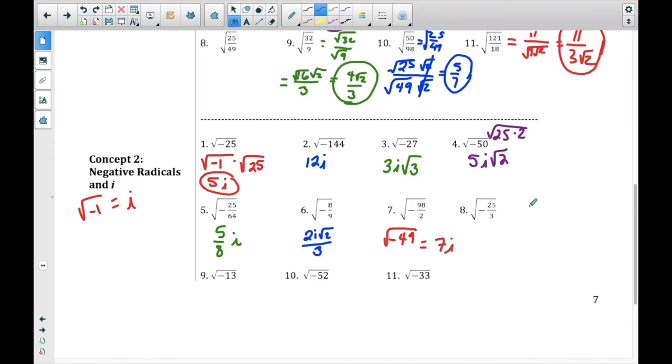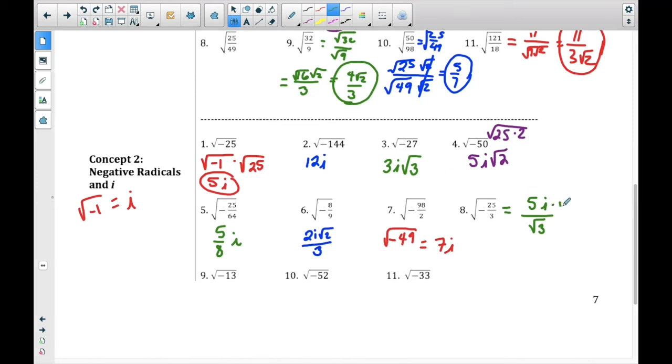Number 8, though, we are going to have to rationalize the denominator. And so if you don't remember what that means, you cannot have a radical in the denominator. So I have a negative, so that's going to be an i. Square root of 25 is 5, so let me put 5i in the numerator. But in the denominator, radical 3 does not simplify, so I have to leave it as radical 3. But do you remember the rule that you cannot have a radical in the denominator?